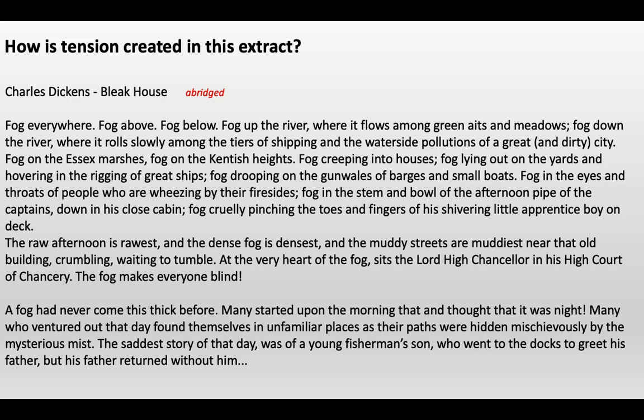Fog on the Essex marshes, fog on the Kentish heights, fog creeping into houses, fog lying out on the yards and hovering in the rigging of great ships, fog drooping on the gunwales of barges and small boats, fog in the eyes and throats of people who are wheezing by their firesides, fog in the stem and bowl of an afternoon pipe of the captain's down in his close cabin, fog cruelly pinching the toes and fingers of his shivering little apprentice boy on deck.